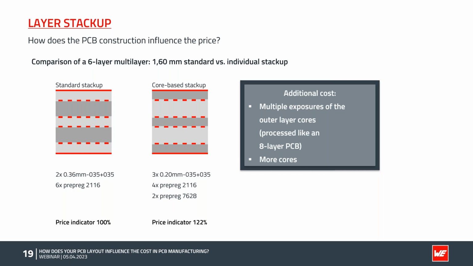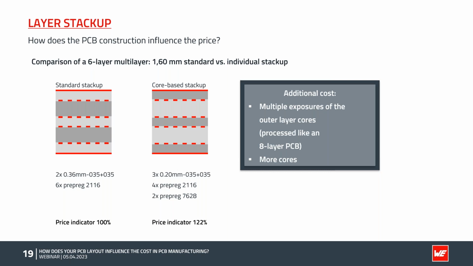So actually it needs to be treated like an 8-layer build-up, although you just get 6 layers. So this is additional cost because this top and this bottom layer is going through the photo structuring 2 times. Plus, there is just more prepreg, maybe some filling cores and so on involved to get to the distances. So these additional processes for the exposure and the photo structuring, in that case, are a 20 to 25% additional cost.